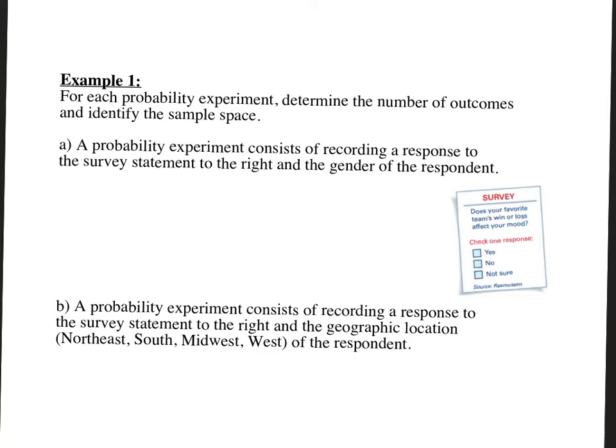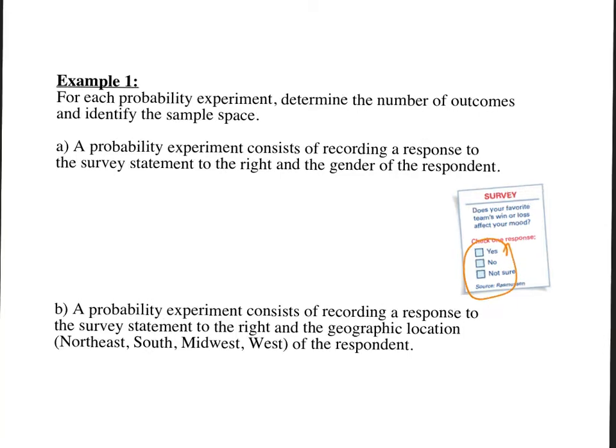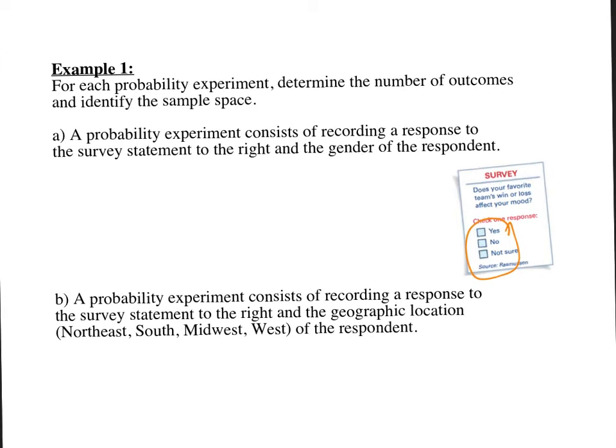So, a probability experiment consists of recording a response to the survey statement to the right and the gender of the respondent. Okay, so we have 3 responses. You have yes, no, and not sure. And just for the purposes of this example, we're just going to deal with male, female, okay?